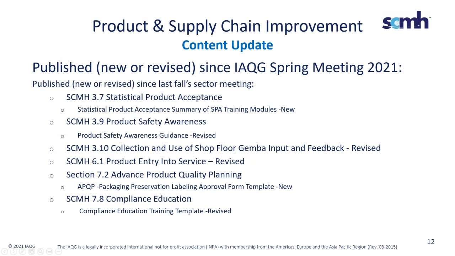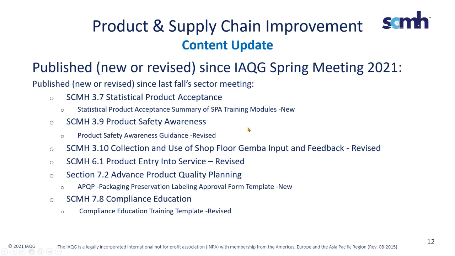I want to talk to you a little bit about what we've published since our last meeting in 2021. This is just to show you some of the recent publications. We've had a new training module added to statistical product acceptance. That's under 3.7, and if you think about it, 3 is make. So everything under the 3 title, 3.7, 9, and 10, is under the make module or make process.